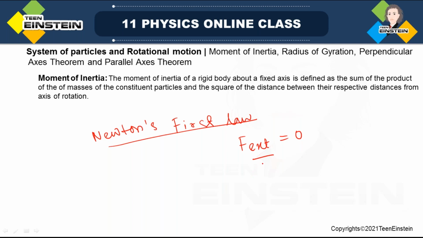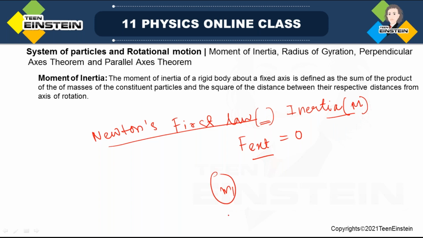So that property by which the object could maintain or sustain its state of rest or state of uniform motion was called inertia. So Newton's first law of motion actually deals with the inertia of any object, and the measure of inertia was said to be the mass of the object.